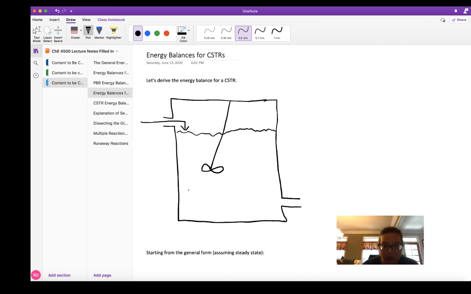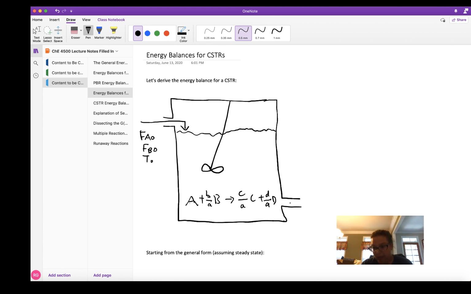So if this is a reaction, the reaction being carried out here is A plus B/A goes to C/A plus D/A. Coming in, we might be flowing, for example, our reactants, FA naught, FB naught. These are coming in at some temperature, T naught.